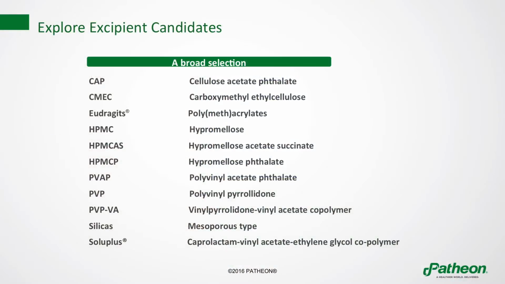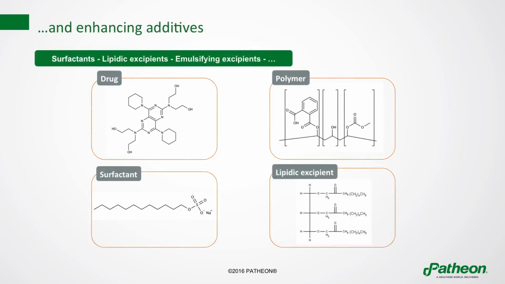There's a wide variety of excipients, as you all know. There's a broad selection of different polymeric excipients. We also have an even broader selection of surfactants and lipidic excipients. So given the universe of all these excipients, where do you start?